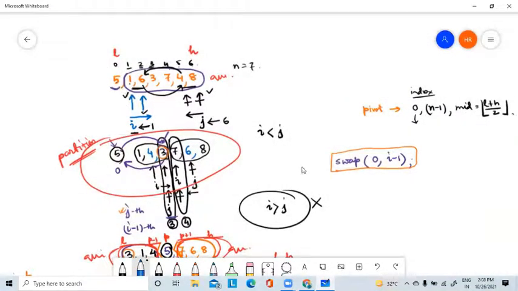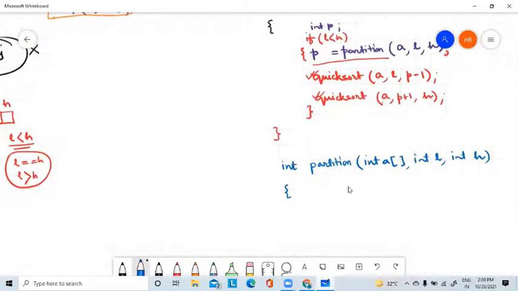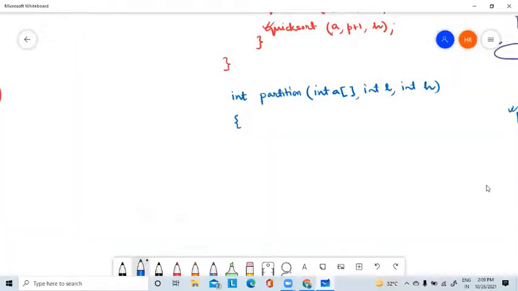This 5 is chosen as the pivot. So the first thing is to declare some variables such as pivot, then an index variable i for left to right movement, and j for right to left movement.